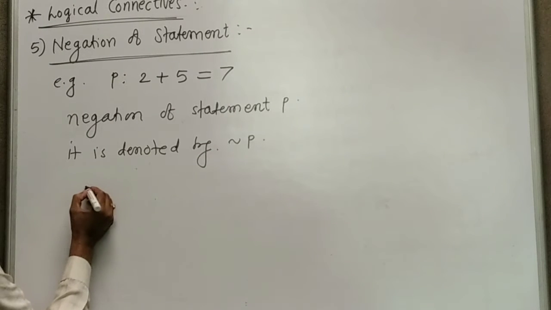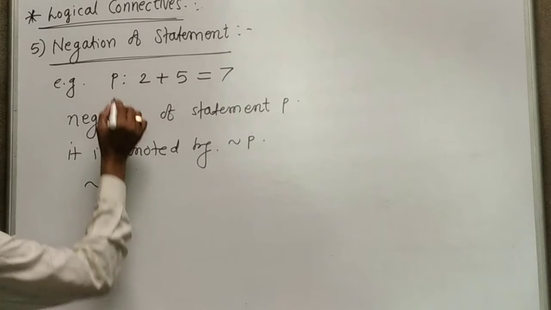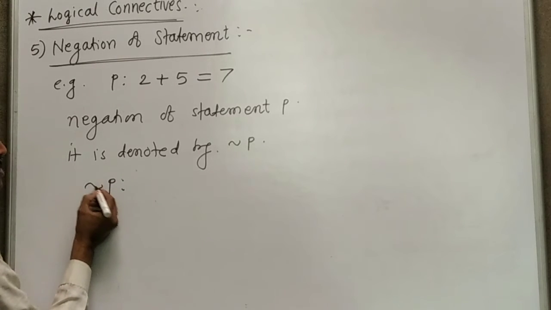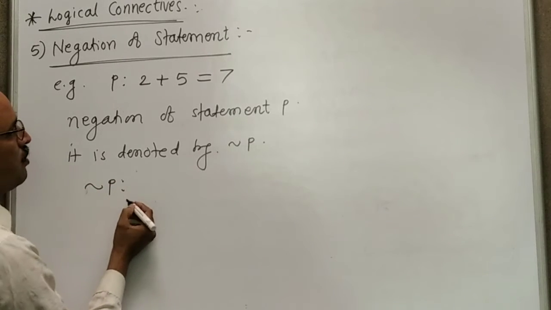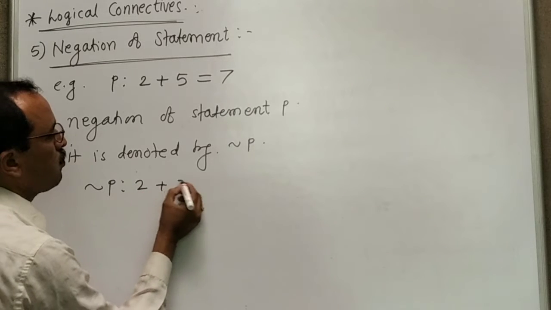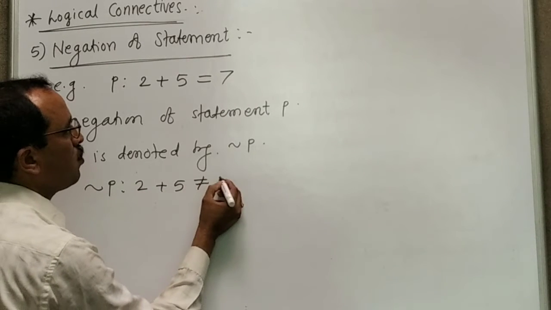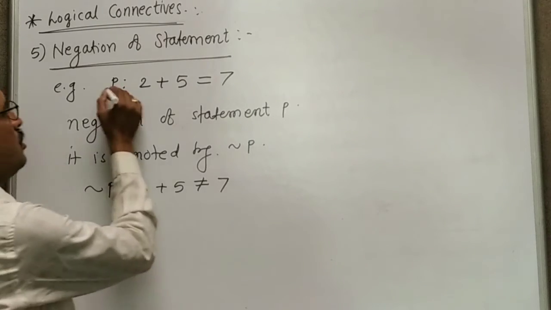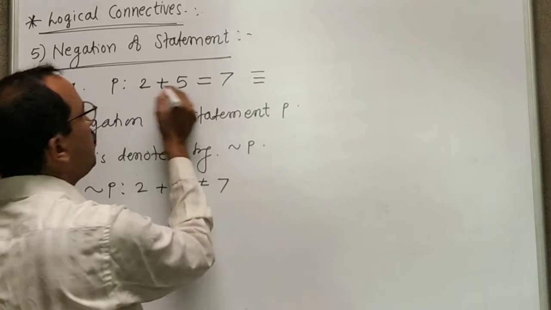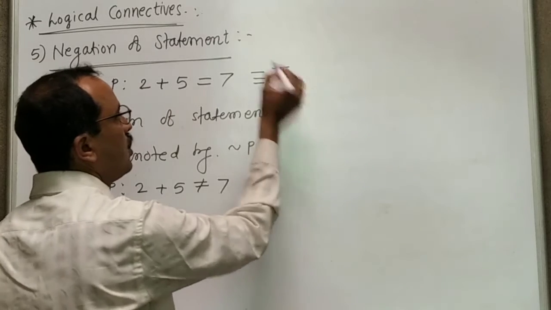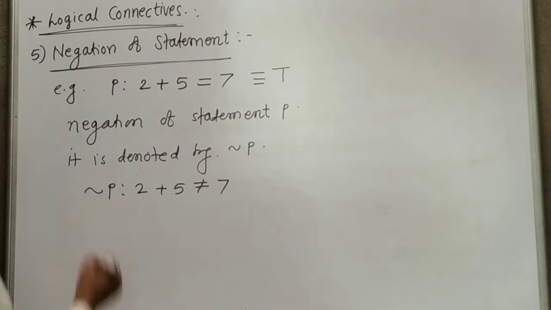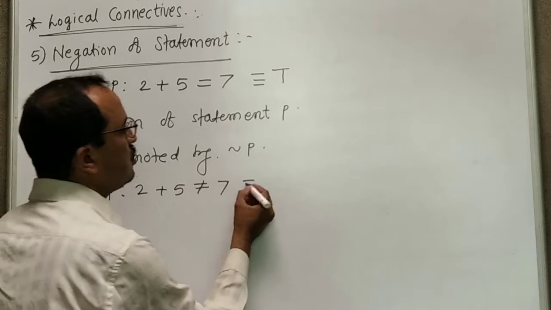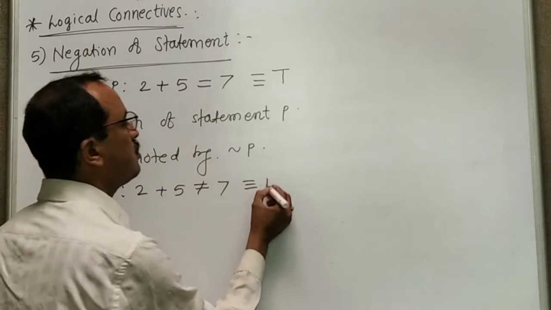So I write the negation of the given statement P as negation P, equivalent to 2 plus 5 is not equal to 7. Here we see that the P statement, 2 plus 5 is equal to 7, has truth value T, then negation P, 2 plus 5 is not equal to 7, has truth value false.